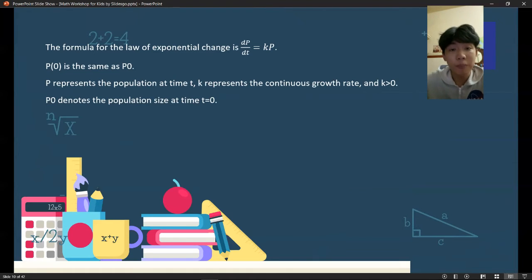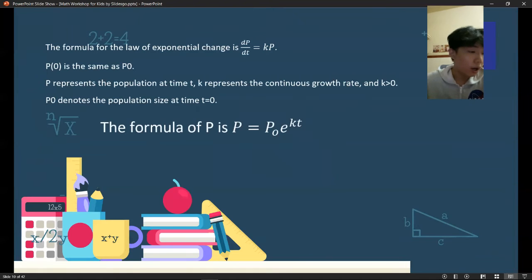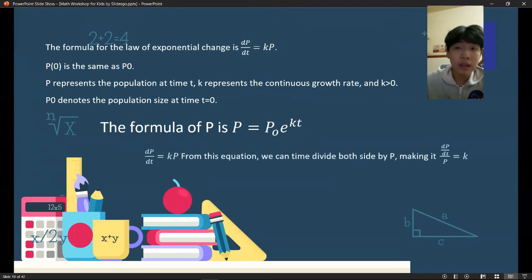So the formula for P in this case is P equals P0 times e to the power of kt. Then dP over dt is equal to kP. From this equation we can divide both sides by P.